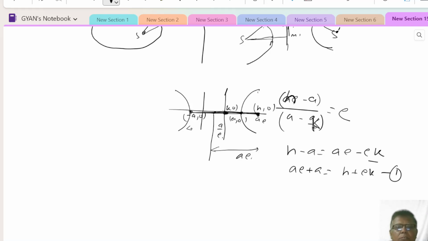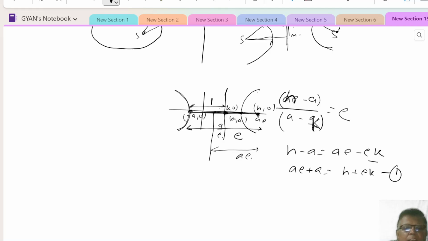So this is E and this one is 1 because E is to 1. The ratio will be same because this is also part of the parabola. Then this point will lie on this parabola and this point will also have the same property.